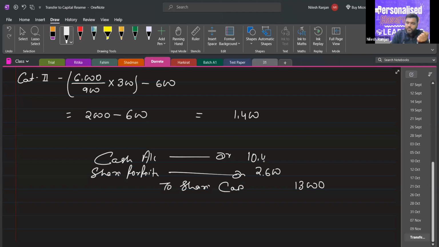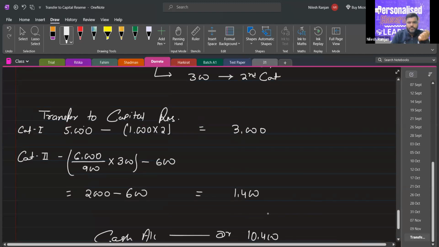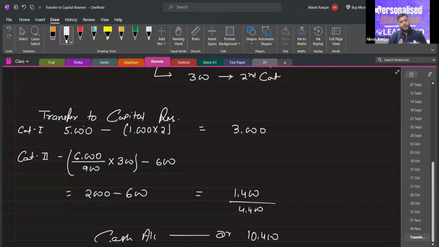So 10,400 here. Now in capital reserve, it will be share forfeiture account debit to capital reserve. It is 4,400. Total of these two, 4,000. Is this clear? Yes, sir.